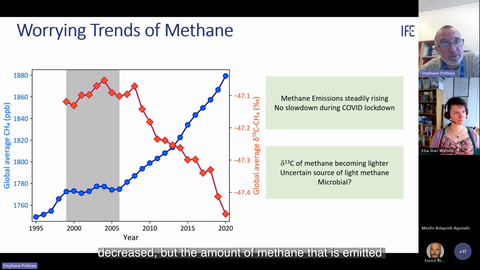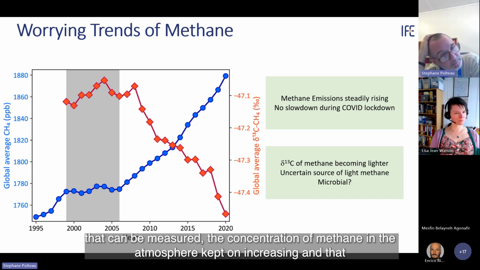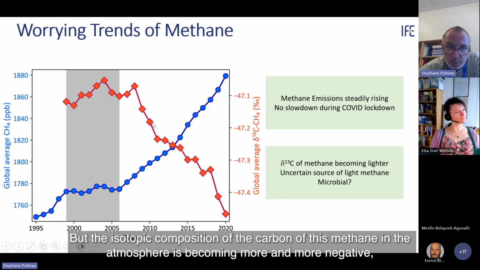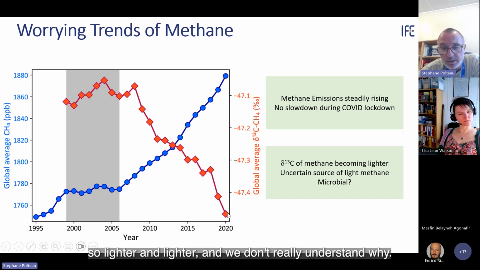But the concentration of methane in the atmosphere kept on increasing. And while it's increasing, the isotopic composition of the carbon of this methane in the atmosphere is becoming more and more negative, so lighter and lighter. And we don't really understand why.